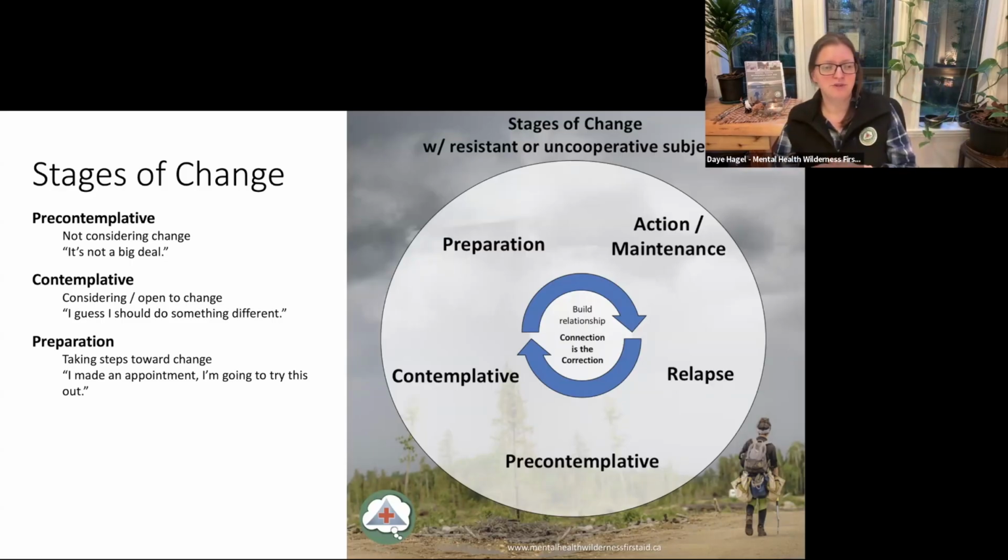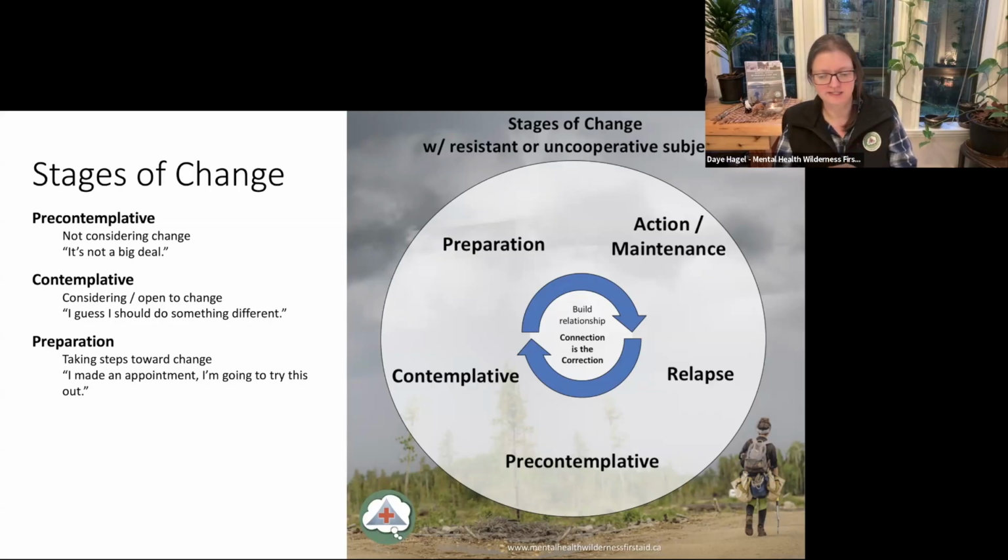But the key difference between them is that a preparation stage person hasn't actively made the change for any period of time, but they are open to talking about it, and they've taken one or more steps in the direction of change, right? And so the way that I have seen this come up in a clinical setting is, maybe I've been working with someone for a period of time who's struggling with substance use, for instance, and maybe we've been meeting for several weeks.